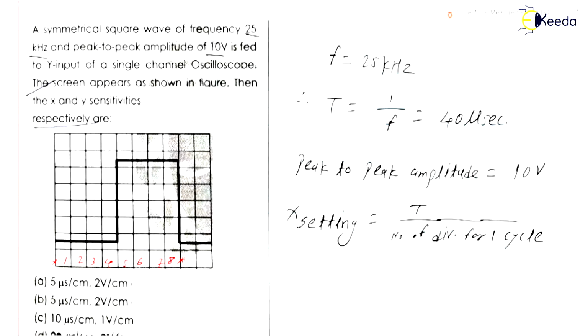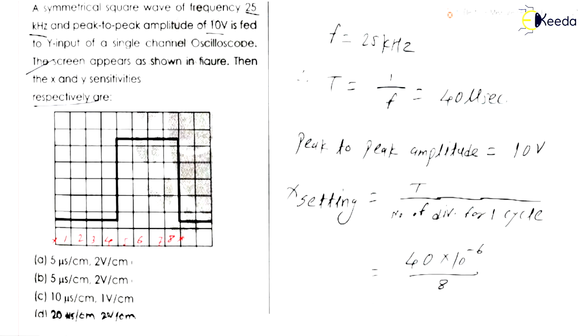So t is 40 microsecond, 40 into 10 to the power minus 6 divided by 8, so it is 40 by 8, which is 5 microsecond. This is the X sensitivity, 5 microsecond per centimeter. Okay, so this is the X setting.